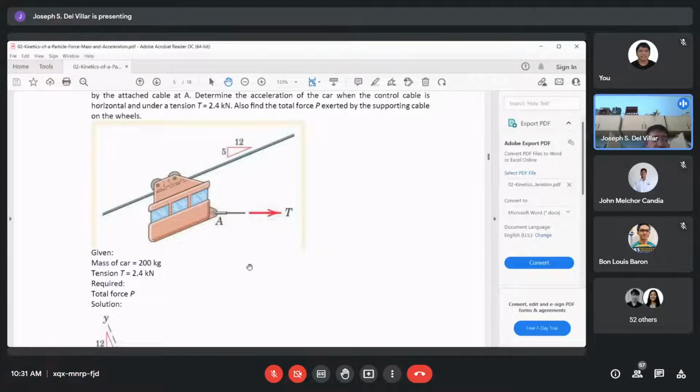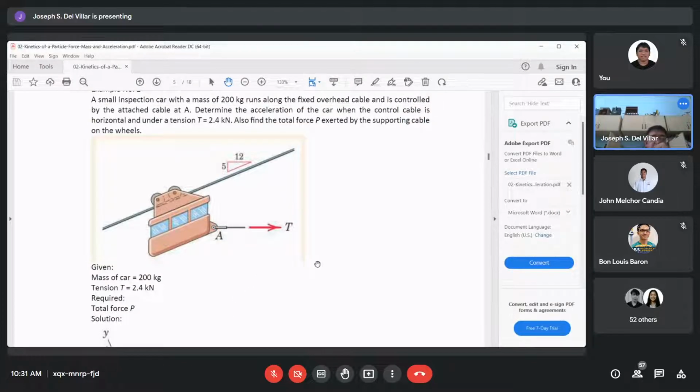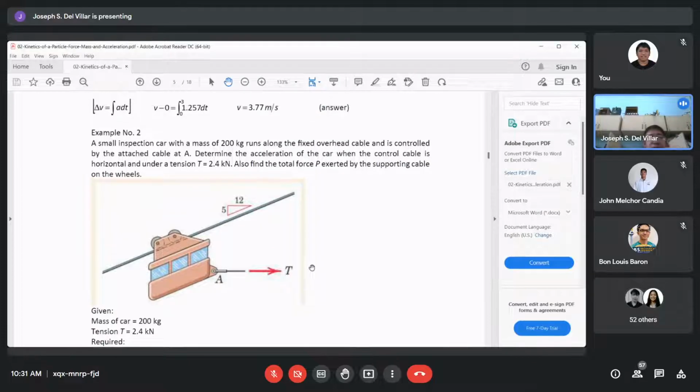So required is total force P. Okay? So take note, mayroong slope indicated, no? The slope of the cable. Okay? Okay. So the slope is 5/12. Okay?